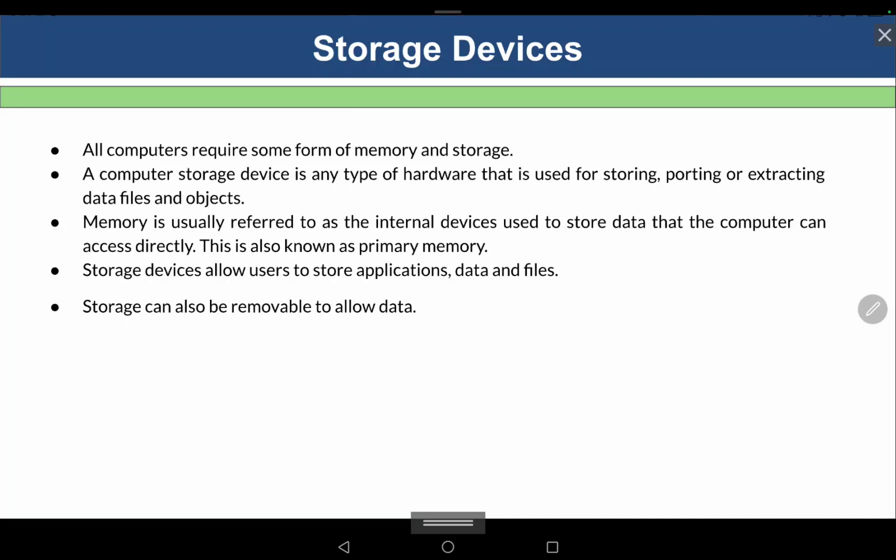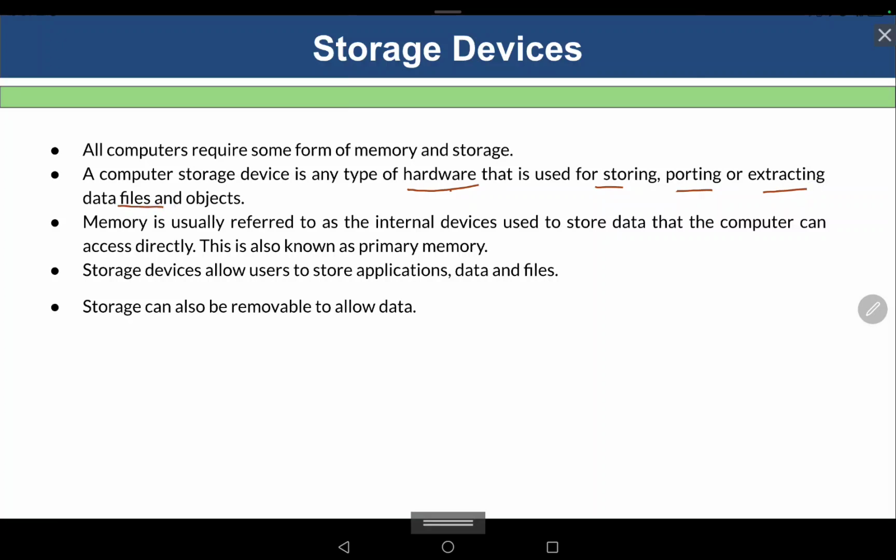When we talk about computer storage devices, we mean that they are hardware. They are the type of hardware that is used for storing, porting, or extracting data files and objects.